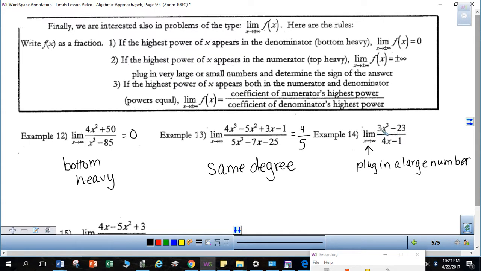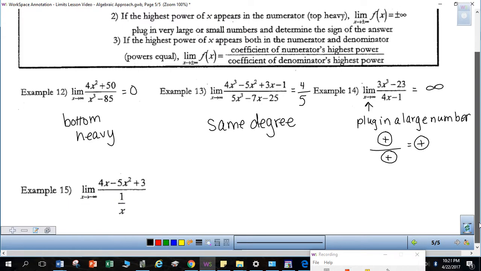Multiplied by 3, it will get even bigger. That's a really big number. Take away 23, it's still going to be a very big positive number. On our denominator, 4 times 1,000,000, take away 1, it's still going to be a very big positive number. So a positive divided by positive is positive. That tells us that the sign of our answer will be positive infinity.